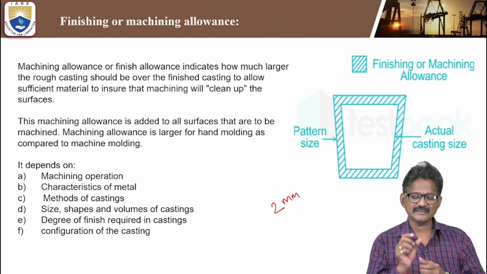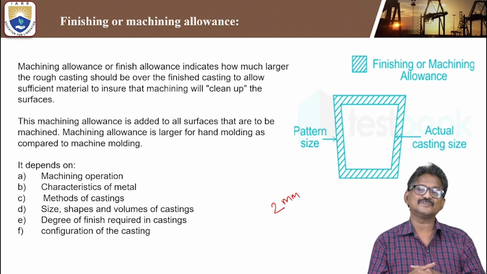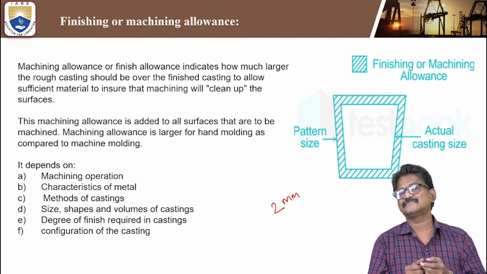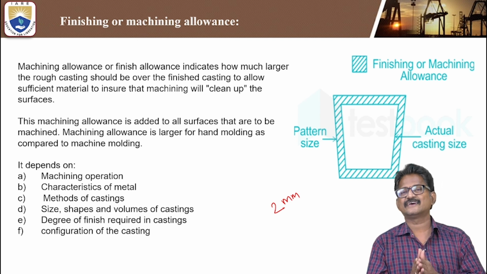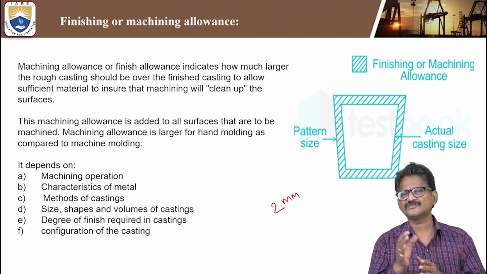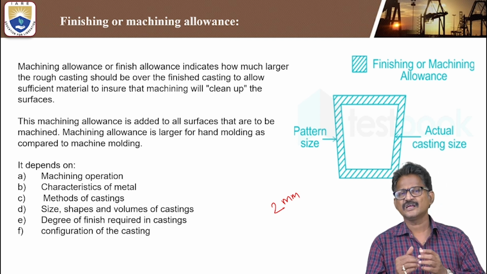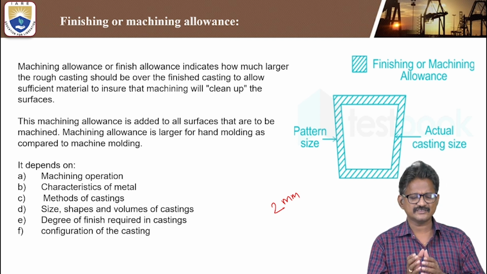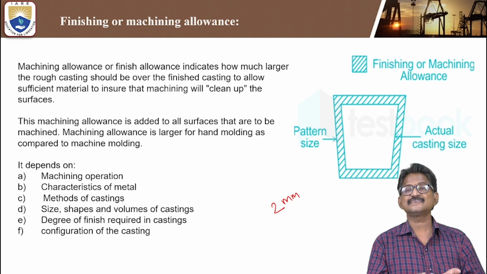And similarly, what are the methods of casting? What type of casting method can be used? Either sand casting or centrifugal casting or die casting. Different types of casting are there that we'll discuss in detail in the next session. And here what I wanted to say is that this machining allowance is to be provided based on the machining operation, characteristics and methods of casting.